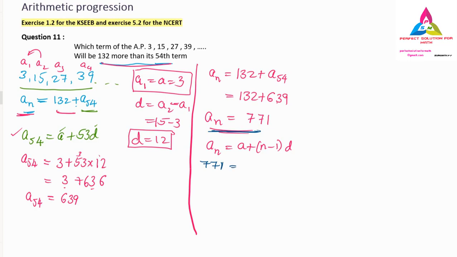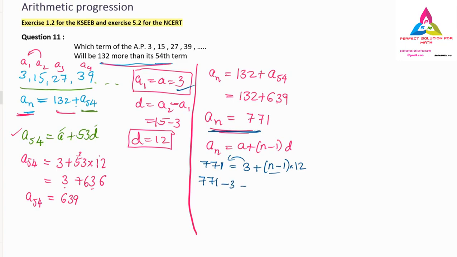The A value we already found is 3, plus n minus 1, n is the unknown we have to find, into the D value 12. Now we shift the known things to one side and keep the unknown on the other side. n is unknown, so we will keep it here. The 3 will shift first.